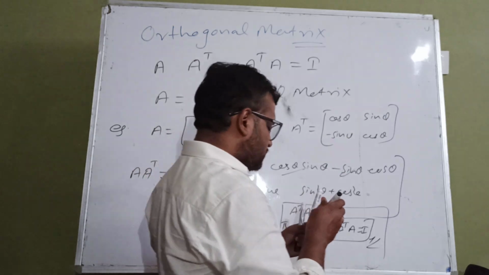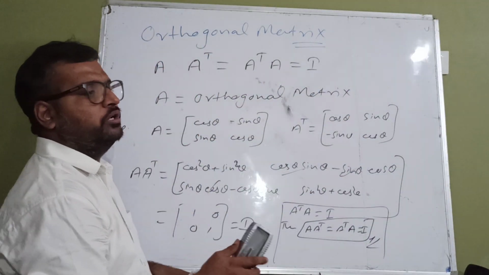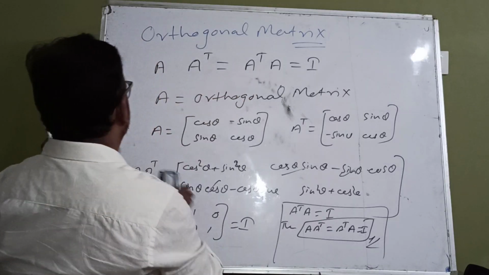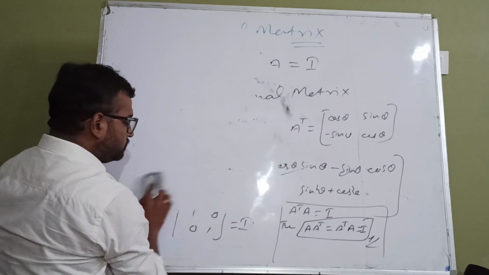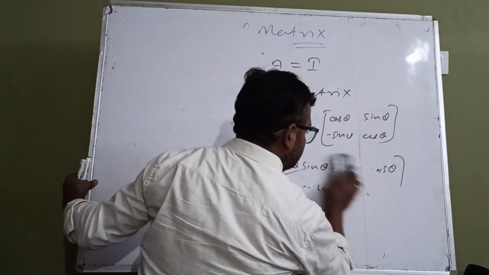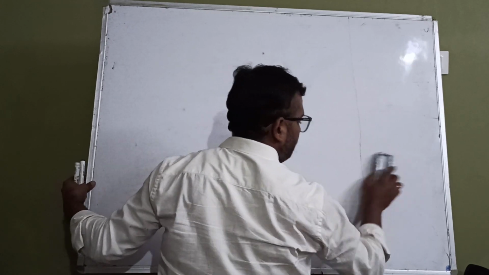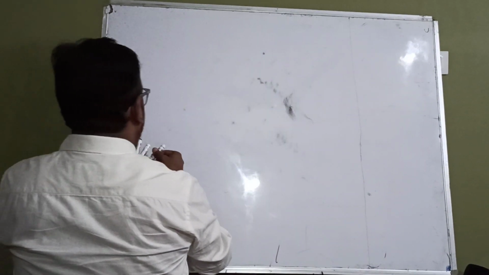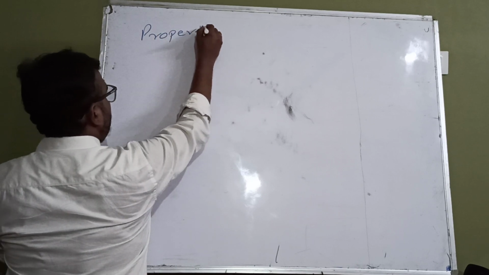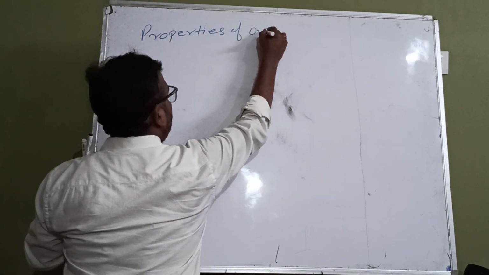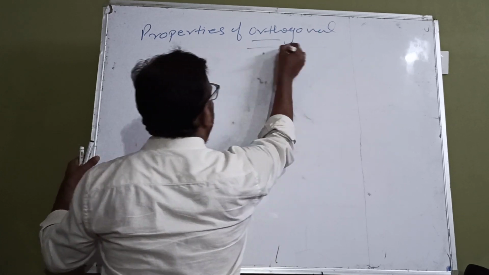Very simple point is this one. The question will ask you to check that a given matrix is orthogonal. So this is the criteria to check that the given matrix is an orthogonal matrix. Now, we have to discuss the properties of orthogonal.